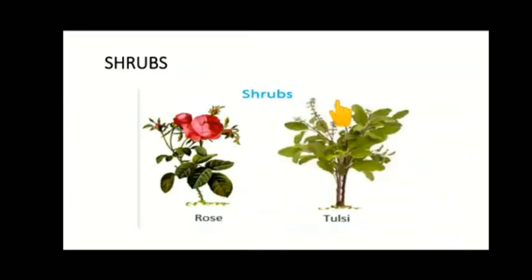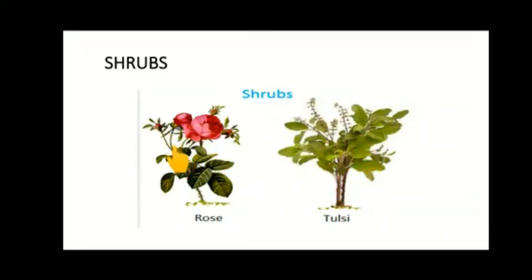Now the second type of plants: shrubs. Small and bushy plants are called shrubs. Shrubs have small, thin, woody stems and many small branches also.